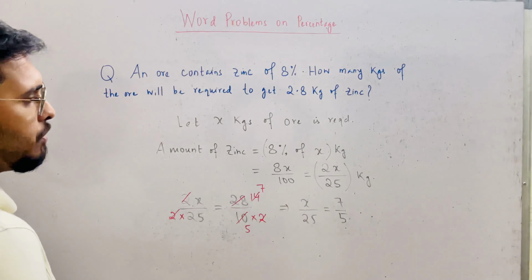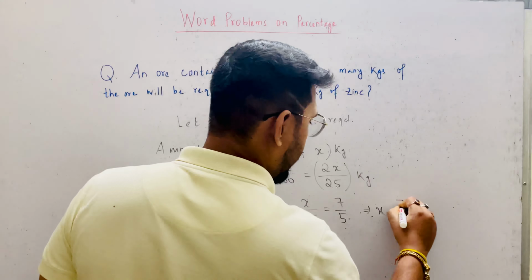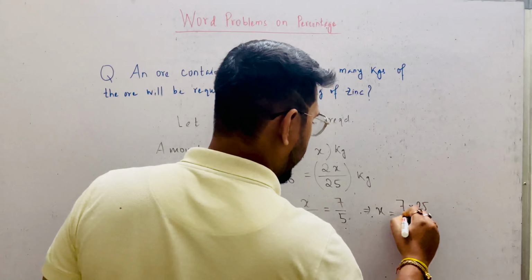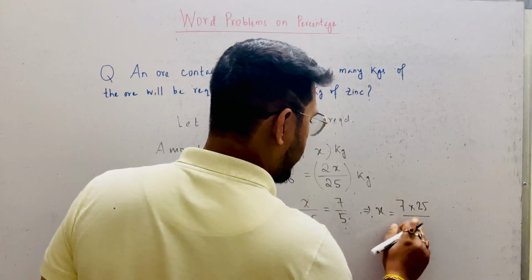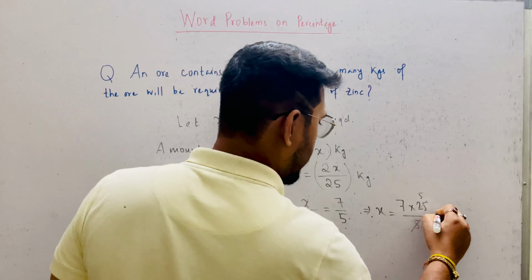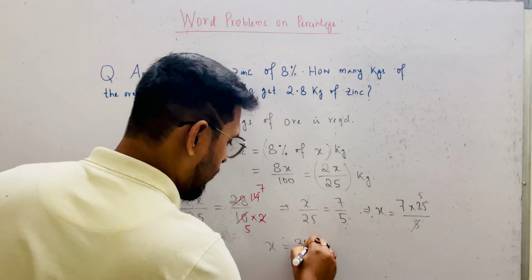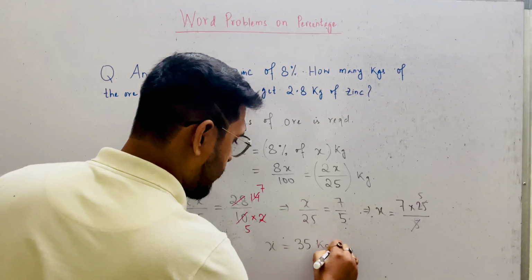So what is the value of x? X is going to be 7 into 25 divided by 5. So 5 times 5. So the answer of the problem is x equal to 35 kgs.